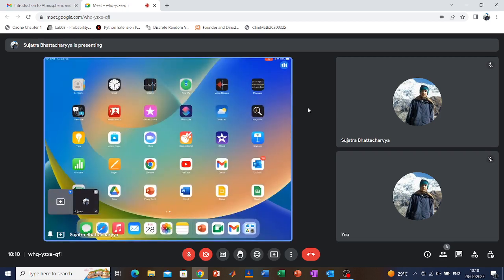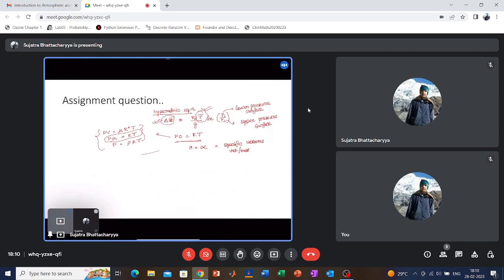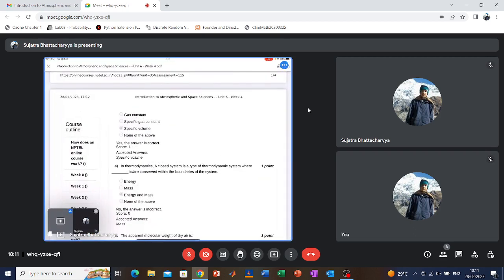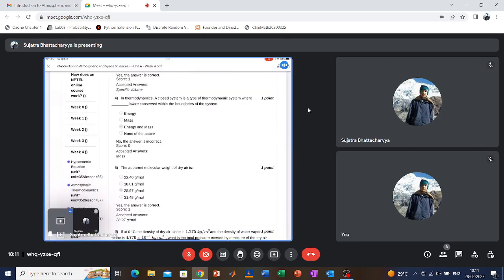Because even if you have a closed thermodynamical system, matter cannot pass through this particular boundary, but the energy can be radiated out. The closed system's definition is like that. If the energy can be radiated out, it means the energy cannot remain the same. Therefore, the answer should be only mass which is conserved, not energy.